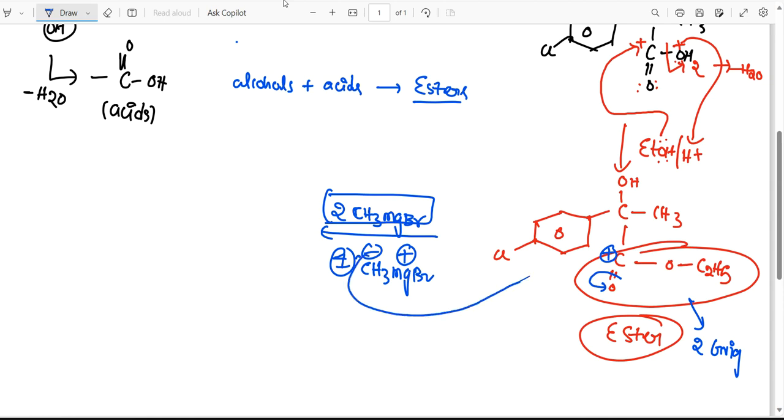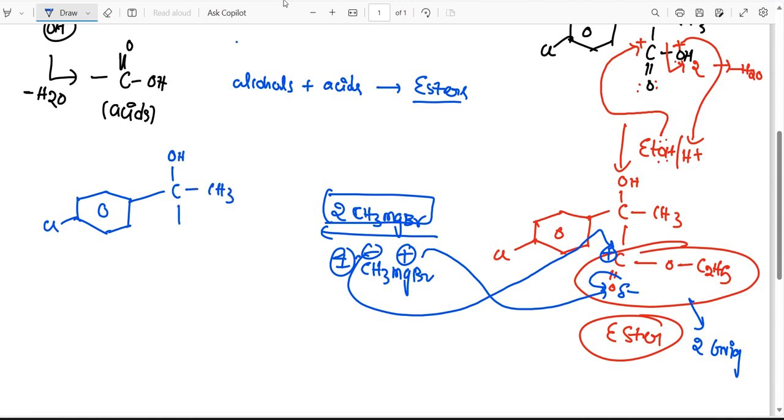So this CH3 minus attacks this carbon and Mg plus attacks this minus. So we have to observe that the remaining part, the aromatic part, retains its same position. So OH bond, CH3 bond, C bond O minus Mg plus Br, and next one is OC2H5.